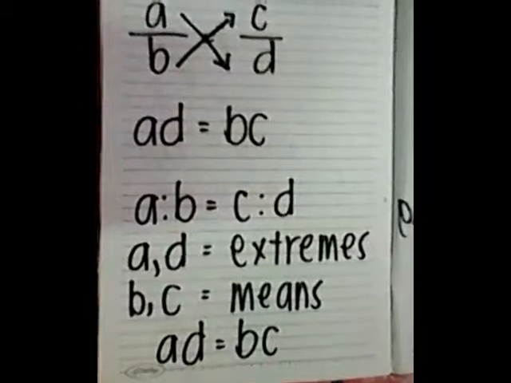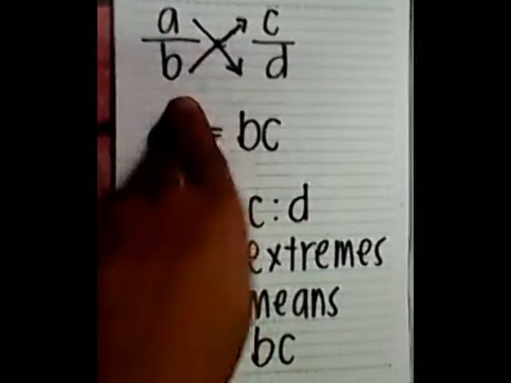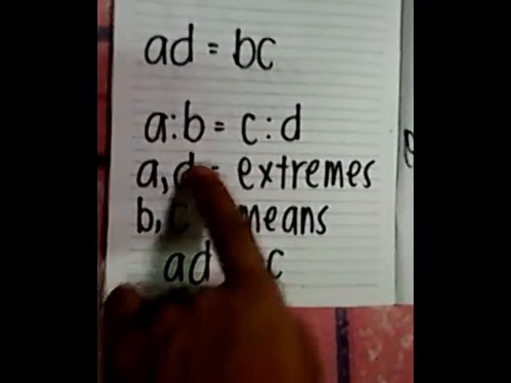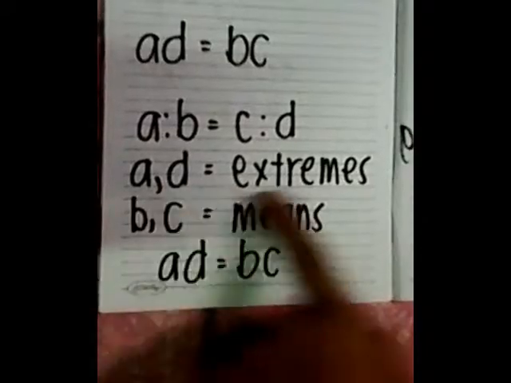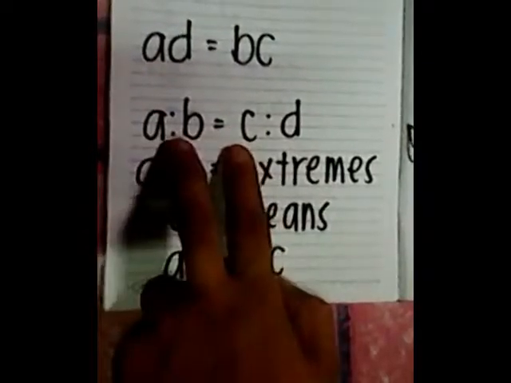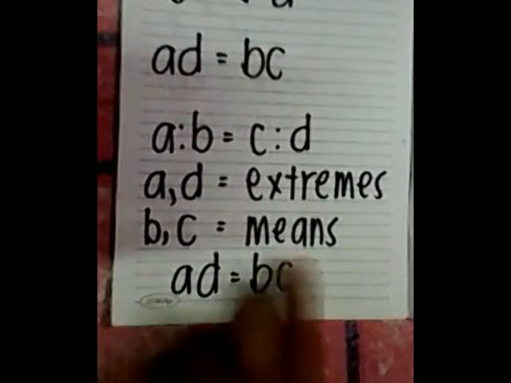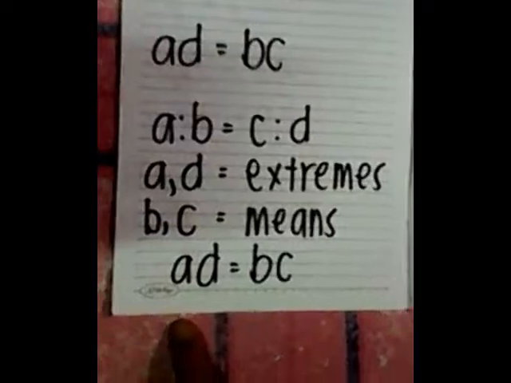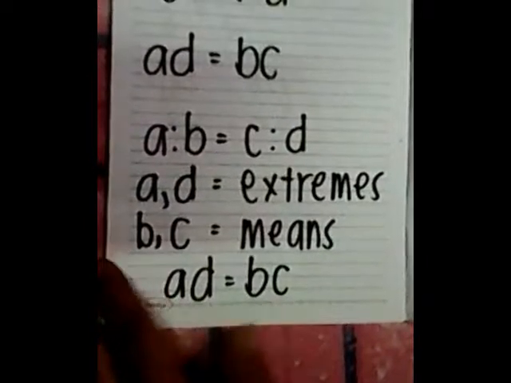In the form A/B equals C/D, A times D is equal to B times C. In the form A:B equals C:D, the A and D are called the extremes and B and C are called the means, which means the product of the extremes AD is equal to the product of the means BC.